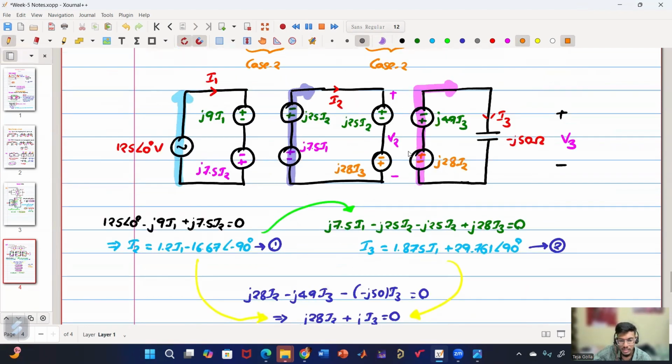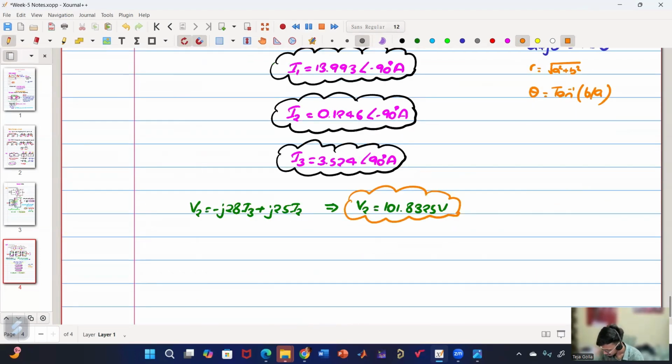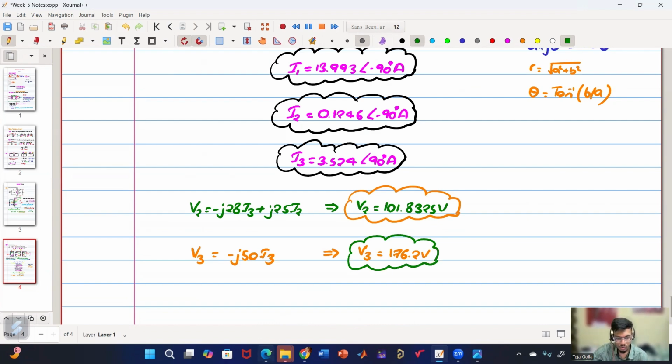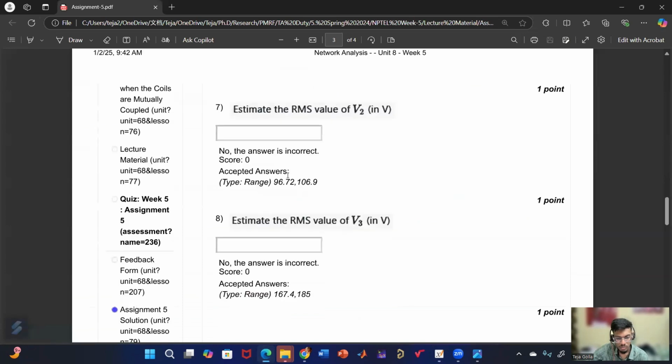Now if you calculate for V3, it will be minus J50 into I3. So if you calculate this again, you will get V3 equal to 176.2 volt. You can calculate and cross check. So V2 is 101.8325 in the range, and this is 176.2, which is also in the range.